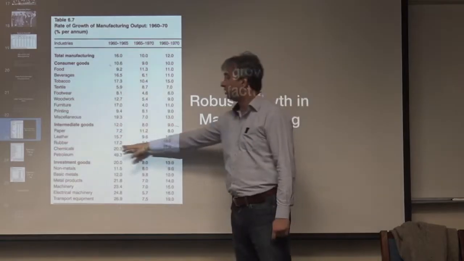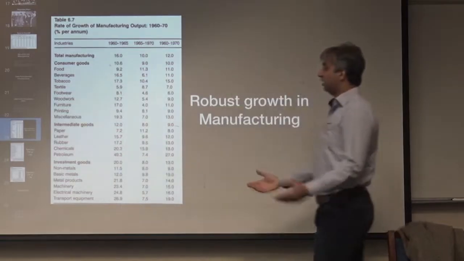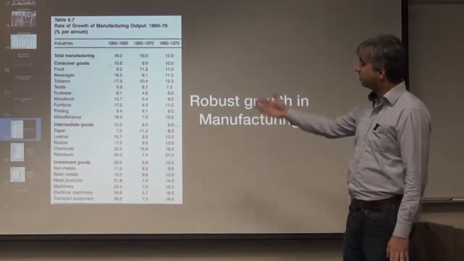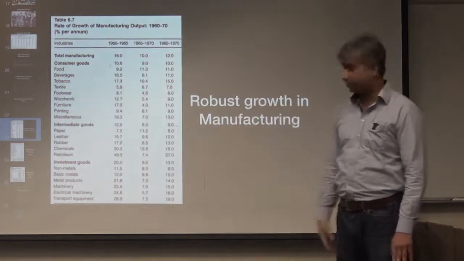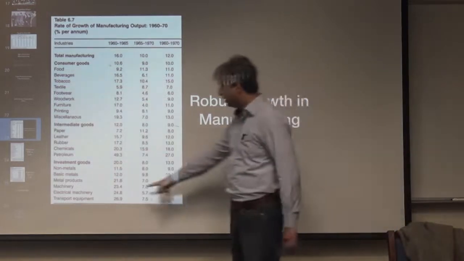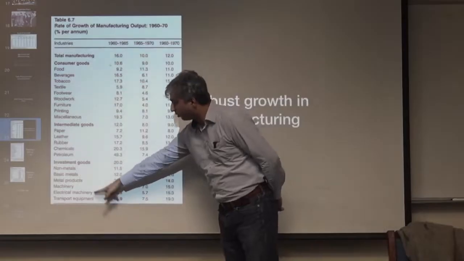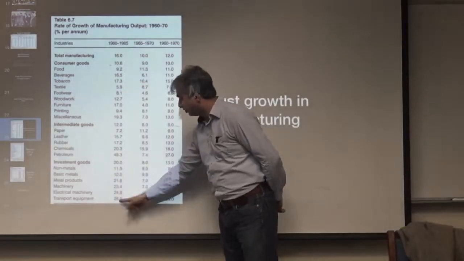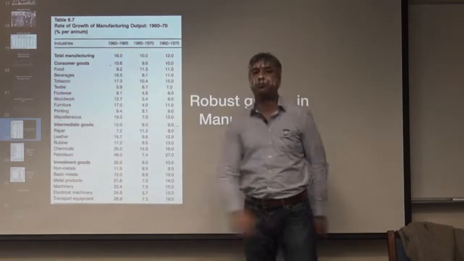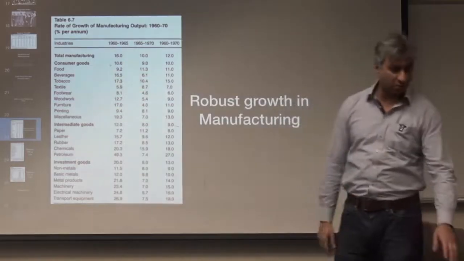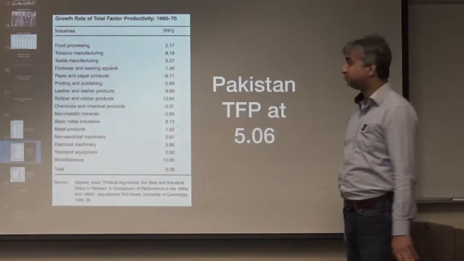Chemicals and petroleum are exhibiting very fast rates of growth, but you can also look at metals and machinery. Electrical machinery, transport equipment, and machinery in general are growing quite rapidly in Pakistan in this period, which is of course what's causing growth in output.